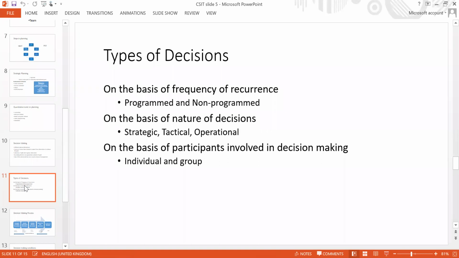Then the operational decisions are the decisions which you take at the operational level. For example, you have to take a decision in the morning when the factory starts. What are the different products? You have a number of products such as Coke, Fanta, Pepsi, and then you do the scheduling.